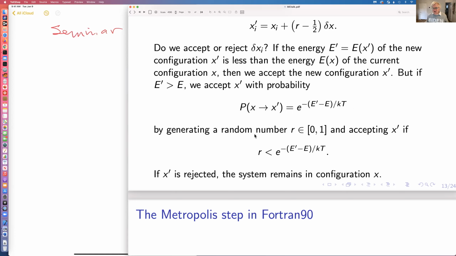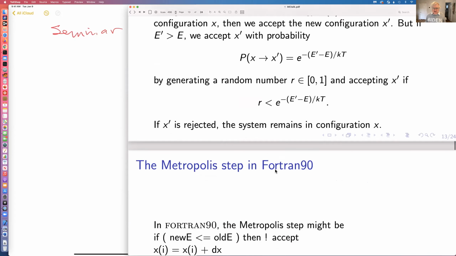And the way you do that is you generate a random number r between 0 and 1. You accept the new configuration if the random number happens to be less than this. If the new configuration is rejected, the system remains in configuration x.